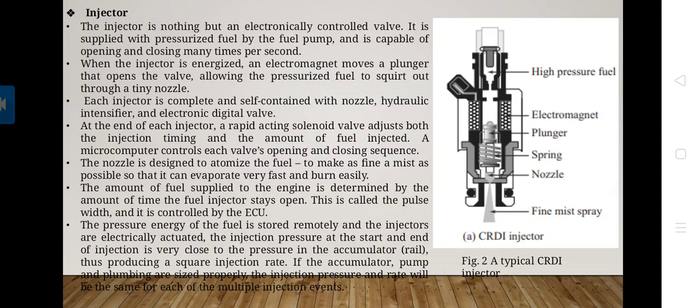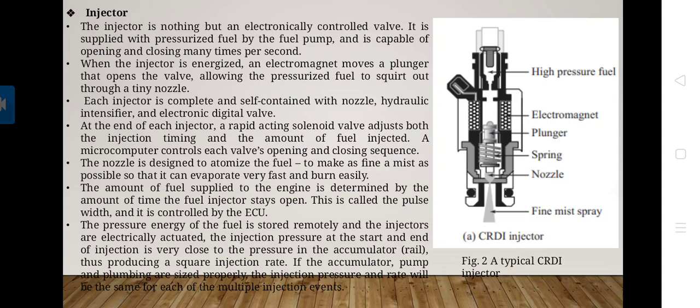At that time the valve opens and allows the pressurized fuel to squirt out through a tiny nozzle. Each injector is complete and self-contained, with nozzle, hydraulic intensifier and electronic digital valve.